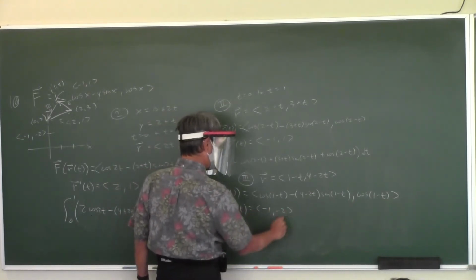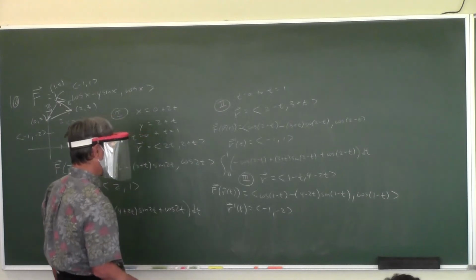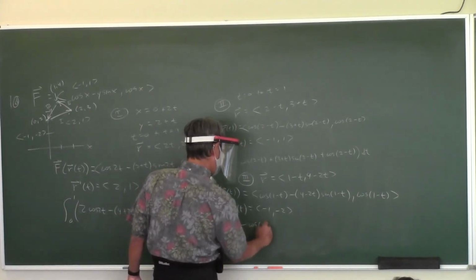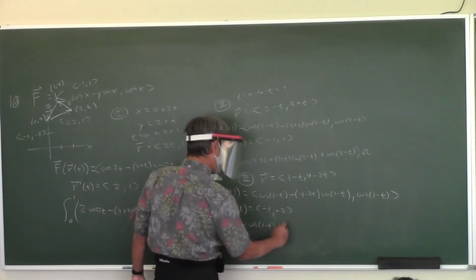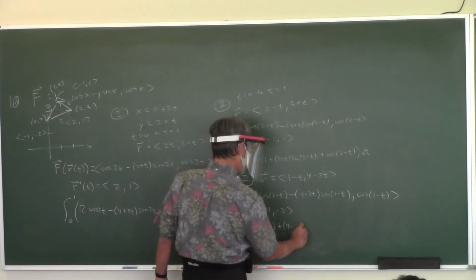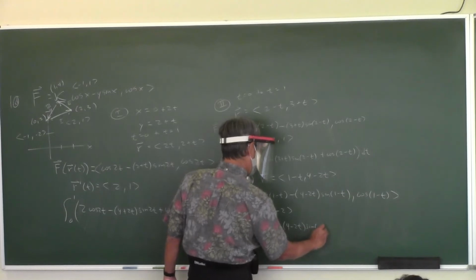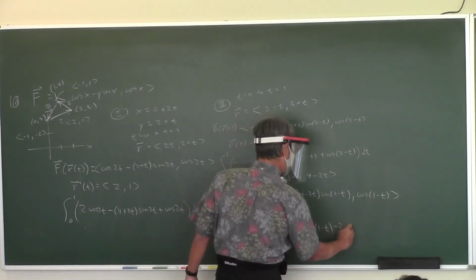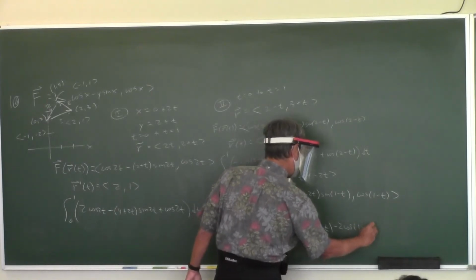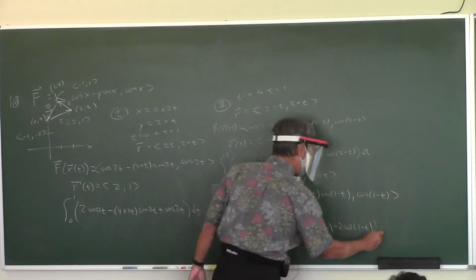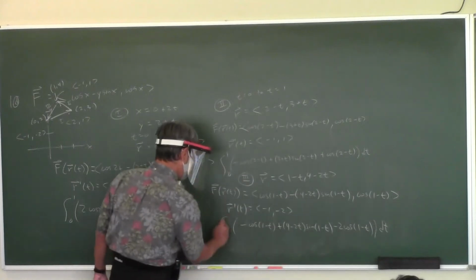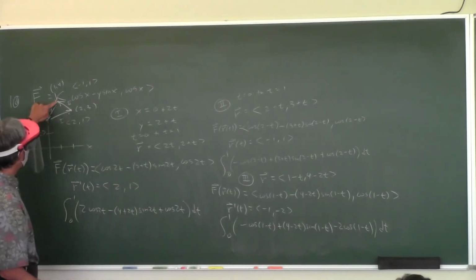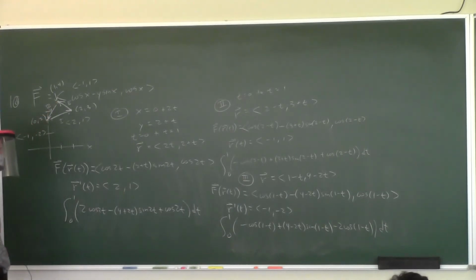Negative 1, negative 2. Is that correct? Okay, so the dot product of them: negative cosine 1 minus t plus 4 minus 2t sine 1 minus t minus 2 times this, so minus 2 cosine 1 minus t. And then we're going to integrate that with respect to t from 0 to 1. That integral will give me the work to go from here to here.